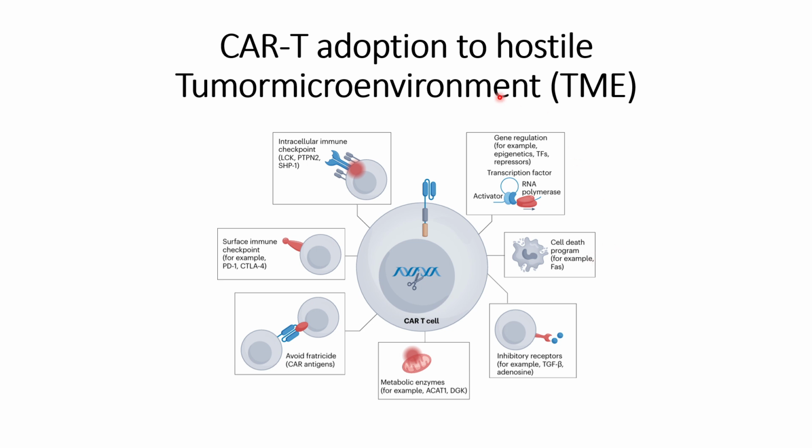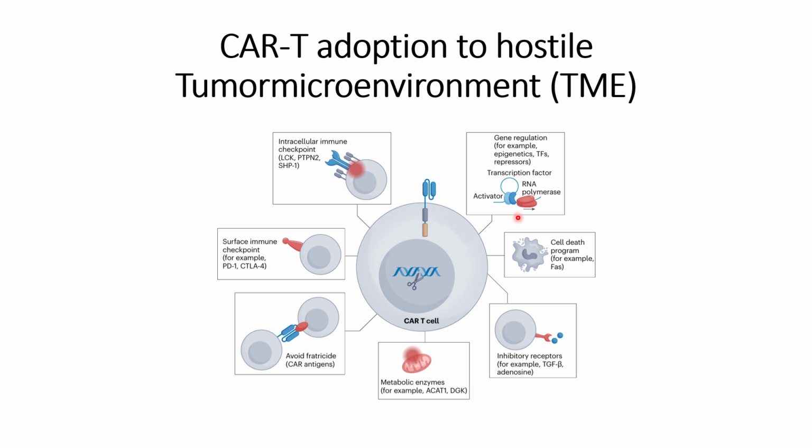Right now the CAR-T cells are good for tumors like blood cancers, but they're not good for solid tumors because of their low efficacy. So I hope you understood some of the changes that can be made in these CAR-Ts to improve their adaptation to the tumor microenvironment.